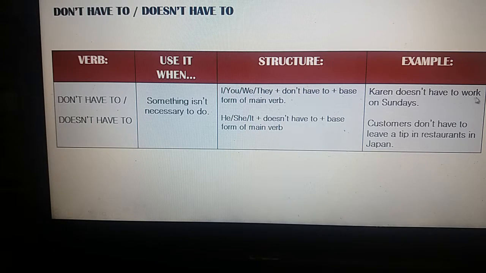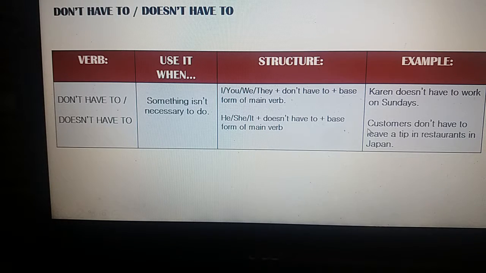Karen doesn't have to work on Sundays. That means that isn't something necessary, or that isn't a responsibility of Karen, okay? She doesn't have to work on Sundays, all right? Maybe she has to work on Monday, Tuesday, Wednesday, etc., but she doesn't have to work on Sundays.